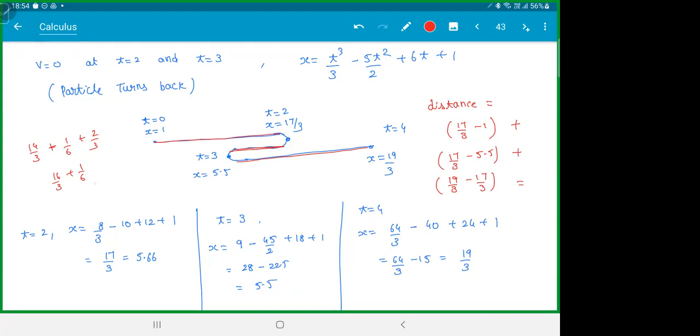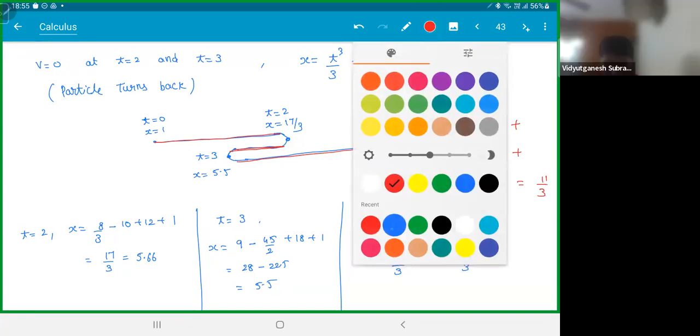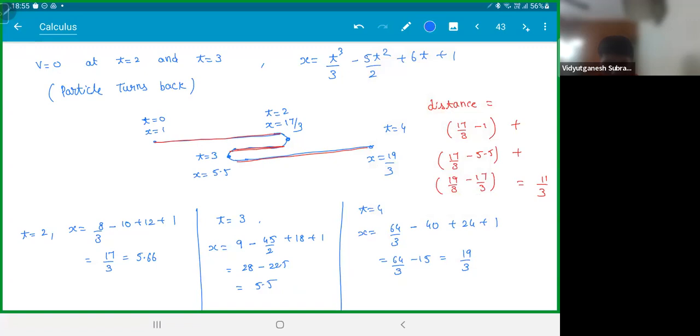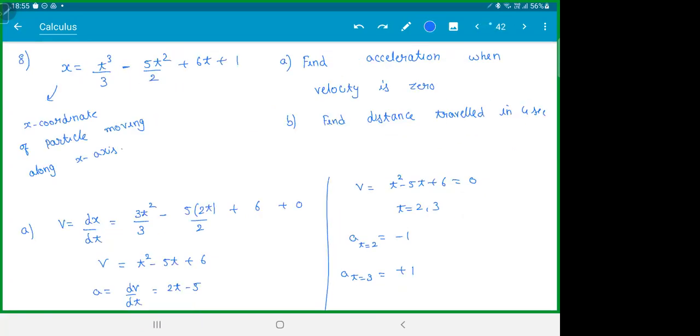Weird. 2 plus 1, 33. 11 by 3. No, did I goof the calculation somewhere? So t equal to 1. Why t is equal to 1? You're stopping at 2 and 3, right?